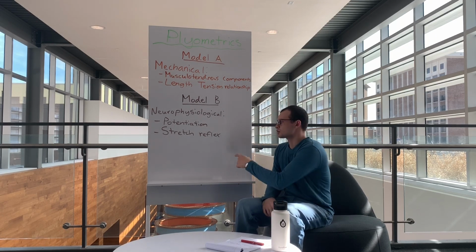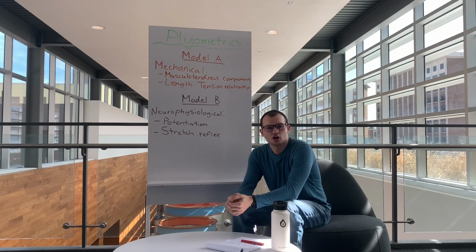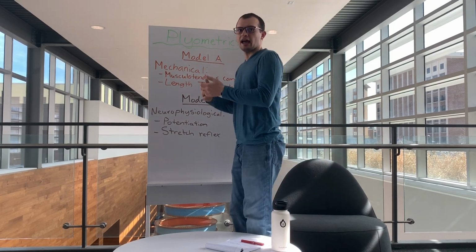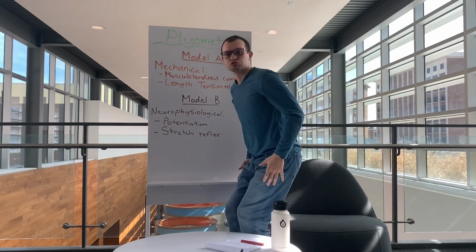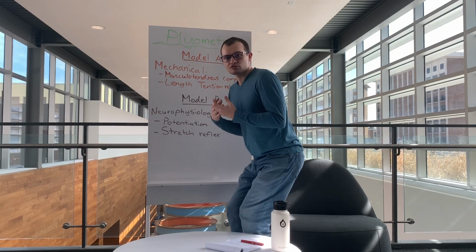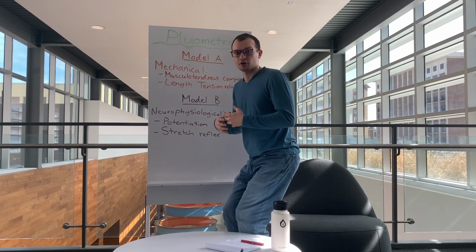The last component is our stretch reflex. And remember, a rapid stretch causes this reflex to kick in. So when you're landing after a jump, you're getting a very rapid stretching of those muscles in your legs. And so your stretch reflex is sending a signal that this muscle group is being stretched very rapidly.